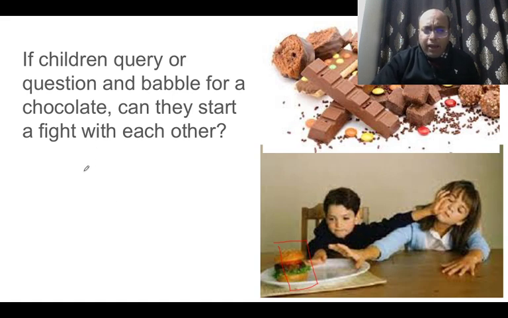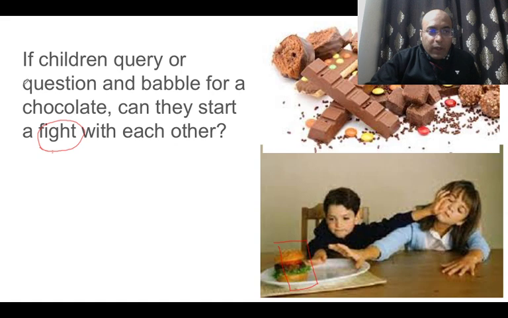Yes, they may. They may start a fight, right? So the fight may start when they question and babble for a chocolate. So they are doing it to each other, right? They are questioning and babbling with each other. So therefore, would they soon after engage in a fight? Would they start fighting with each other?